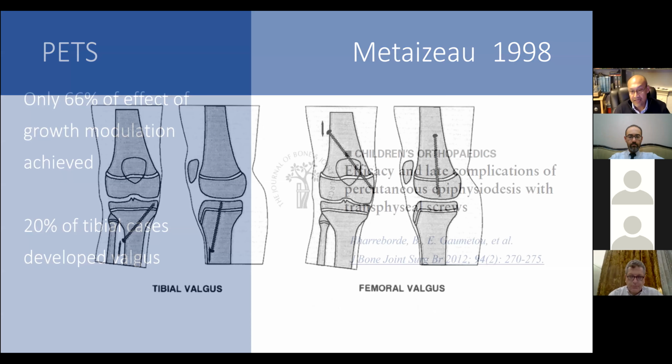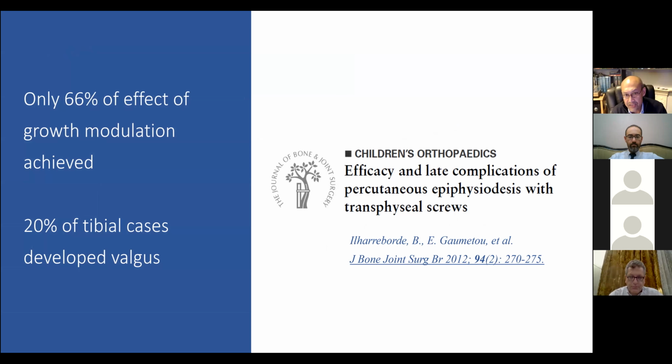reinforced when several papers were published suggesting that the technique does have some issues with complications. Here in this paper that was published in 2012, where the technique was used for growth arrest for leg length inequality, the growth modulation was only achieved in 2/3, and some of them developed deformities.